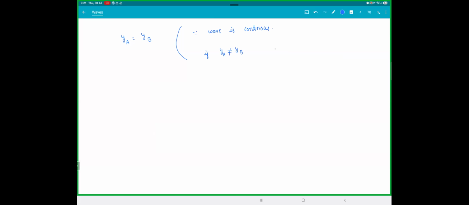You know the meaning of this? Meaning the string will look like this. It will break at x is equal to 0. So it's a discontinuity. You cannot have a string like this. Is that making sense?